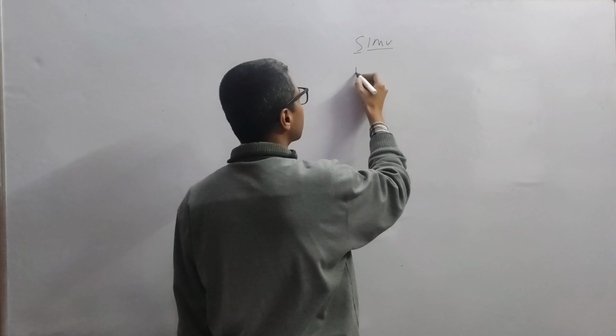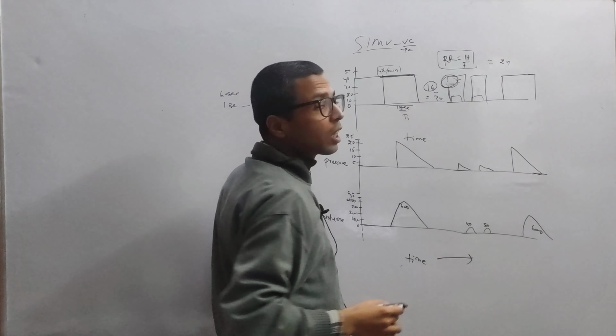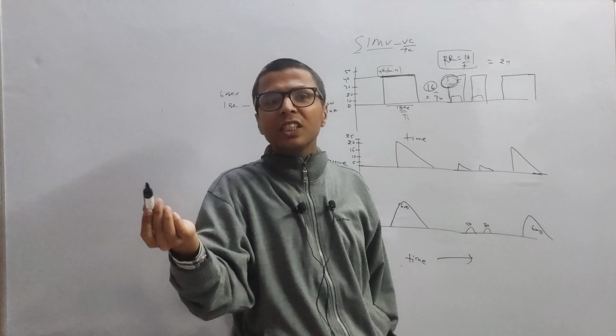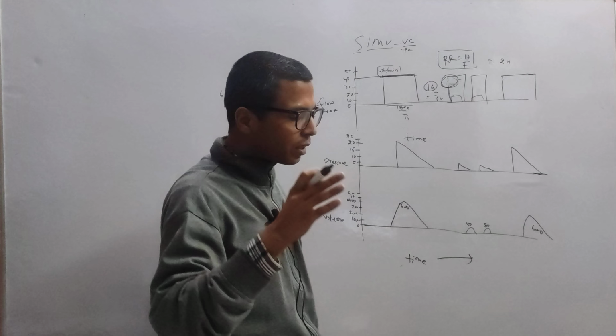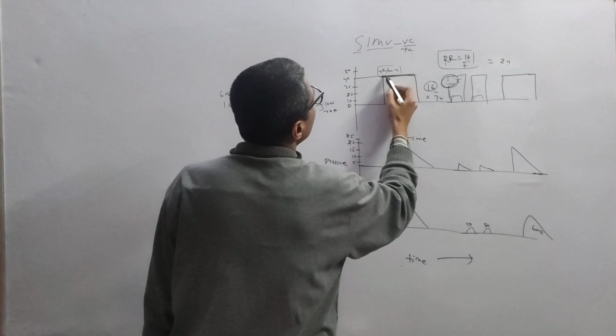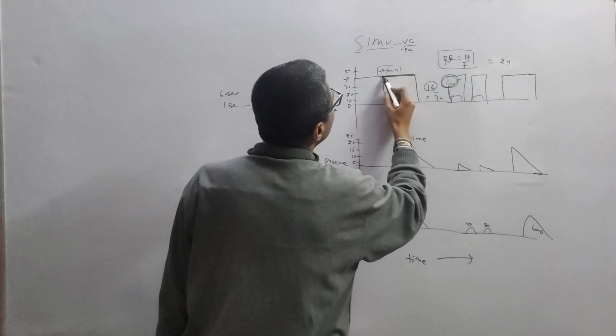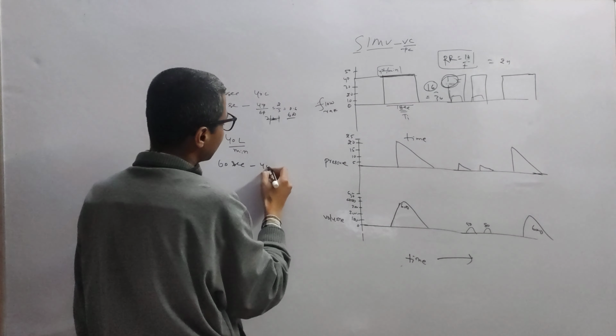So here you can see what is controlled: flow rate is controlled. During the whole 1 second time period, flow is constant. So what is flow? This is volume. If you did not understand that flow is volume, let me make you understand like this. This is delivering 40 liter per minute. So in 60 seconds it is giving 40 liter.